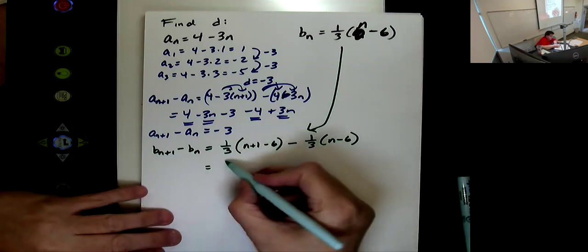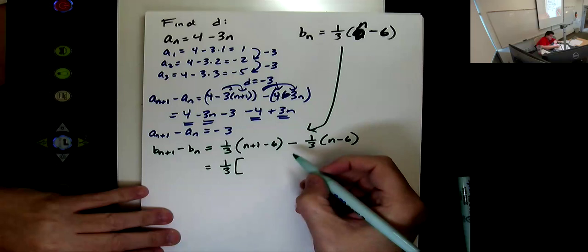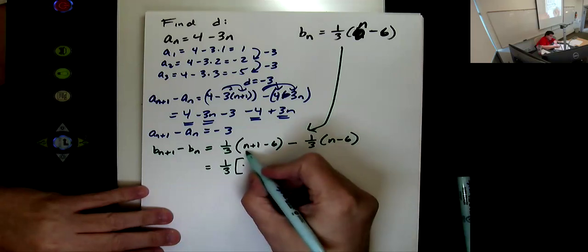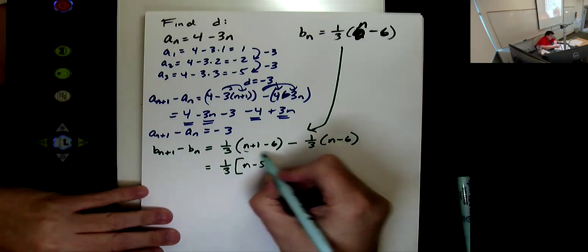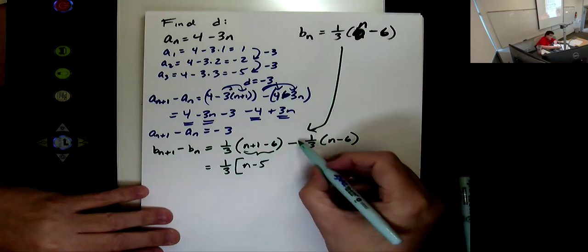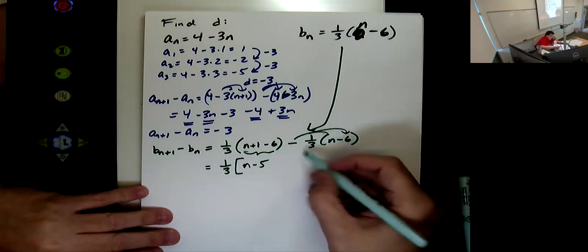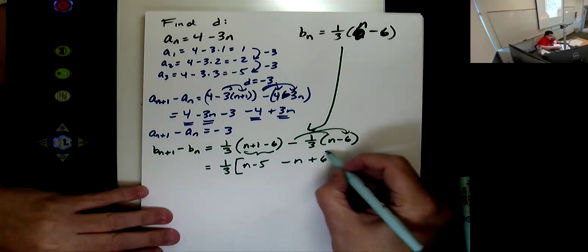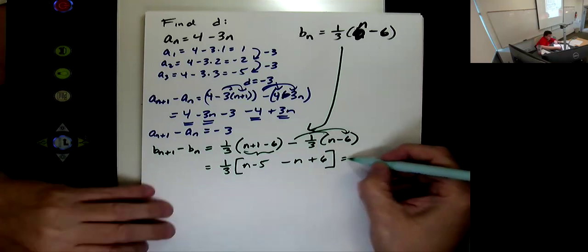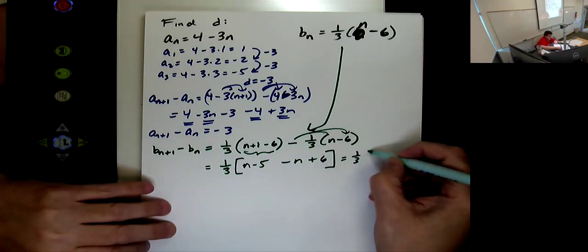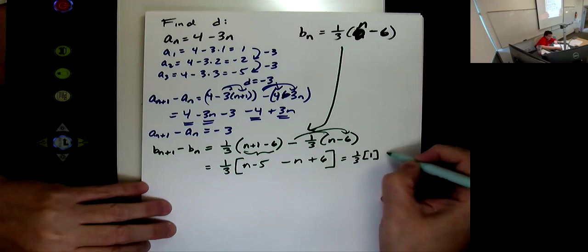So I can factor out the 1/3. And I have n, this comes down to n minus 5. And I distribute the negative, and I've got minus n plus 6. And I get 1/3, and in the bracket is just a 1 left. So 1/3.